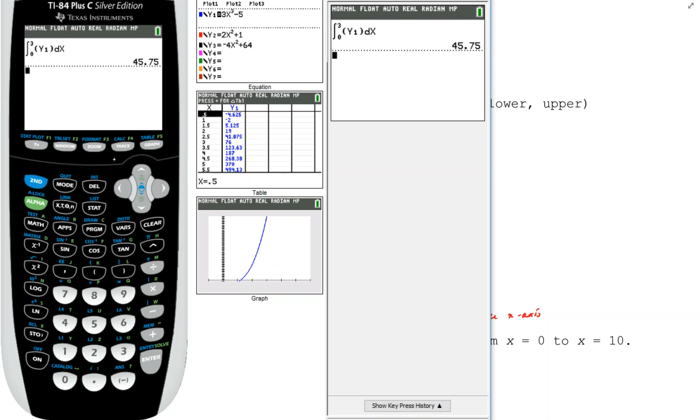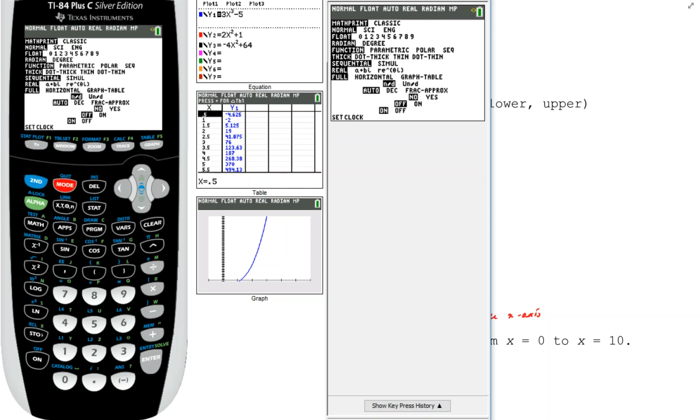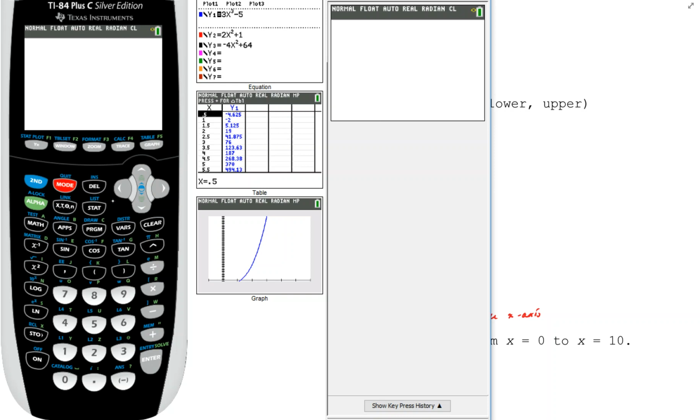Just quickly, for some of you, your calculators will, instead of coming up with this thing that looks like an integral, actually look different. Let me go to my mode. They call it the classic. So when I hit Math 9, it comes up looking like this.